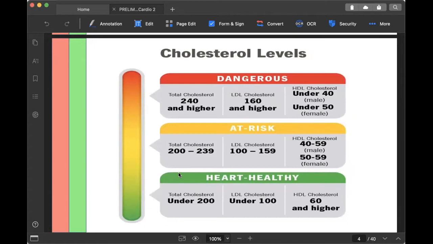It can block the pathways of the blood, the functions of the heart will be altered, and anything else will follow. So these are the cholesterol levels. We have heart healthy, at risk, and also dangerous. Most likely the old people are at risk, and also people who are overweight.